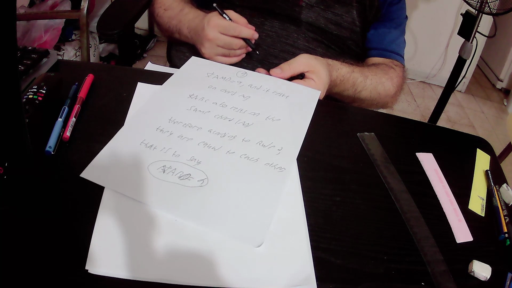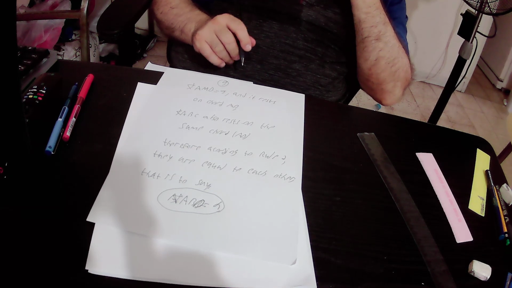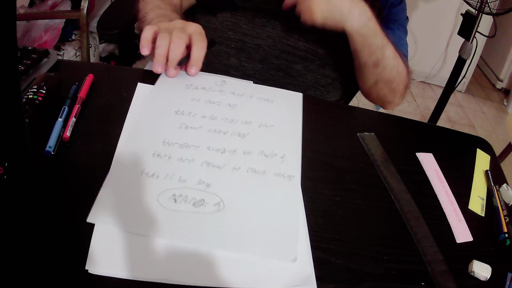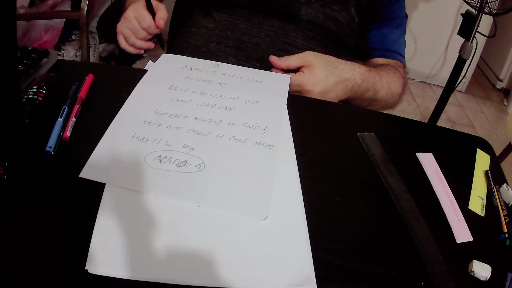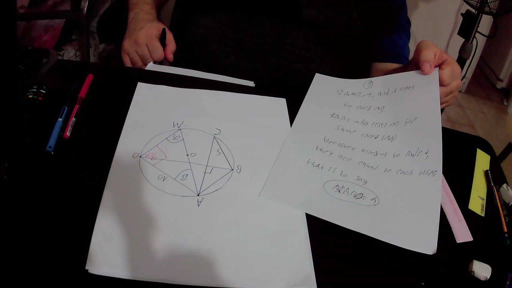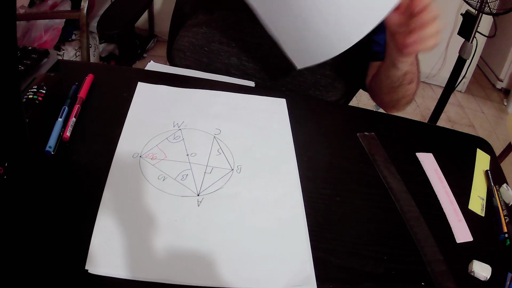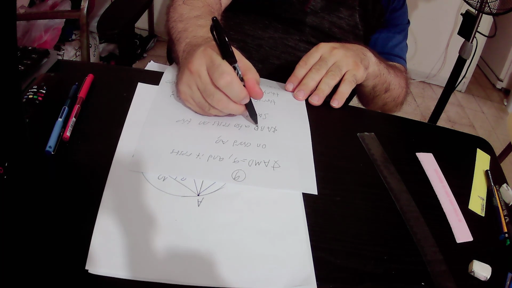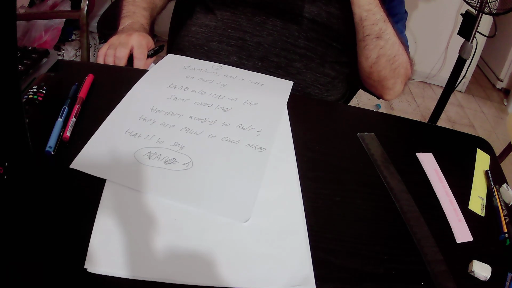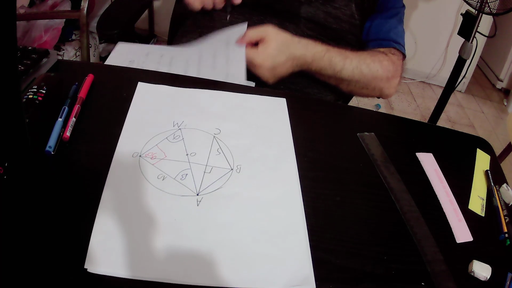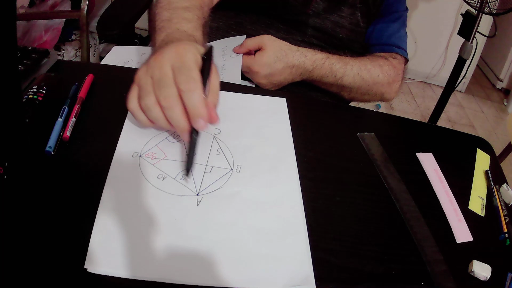So I will read again what I wrote. Peripheral angle AMD that equals to alpha rests on chord AD, and peripheral angle ABD also rests on the same chord AD.